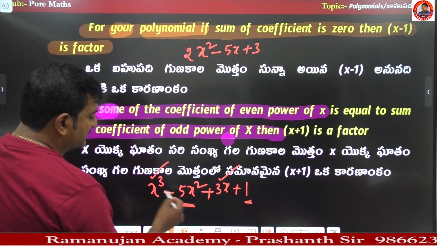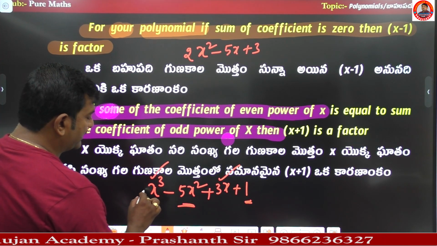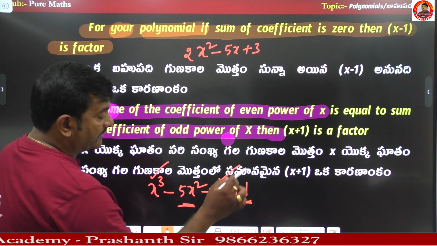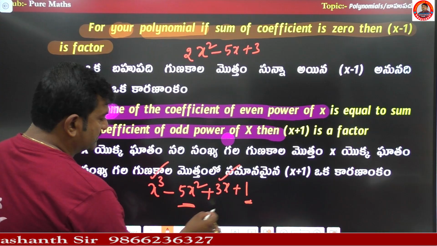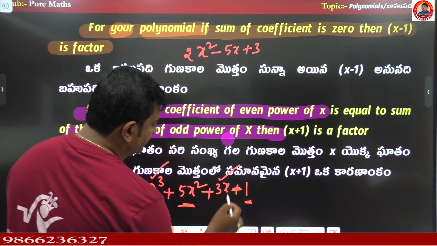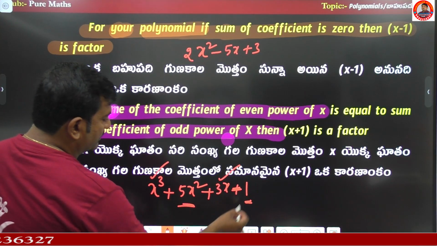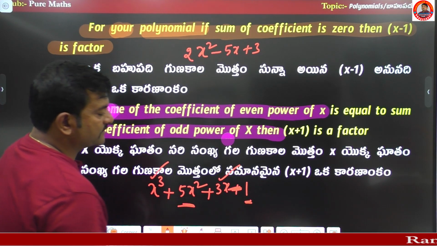Now add all the odd powers: 1 plus 3, which gives 4. And for the even powers, 5 minus 1.